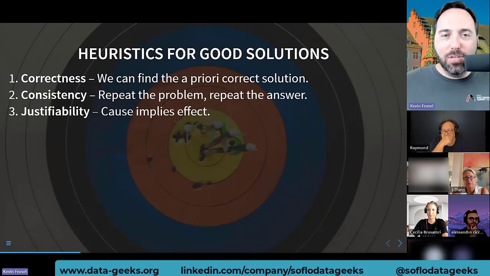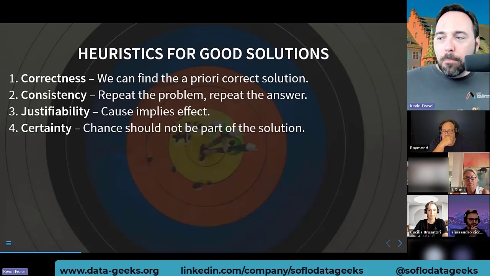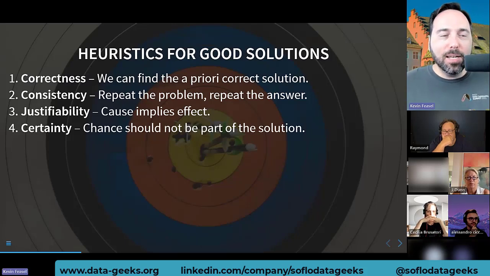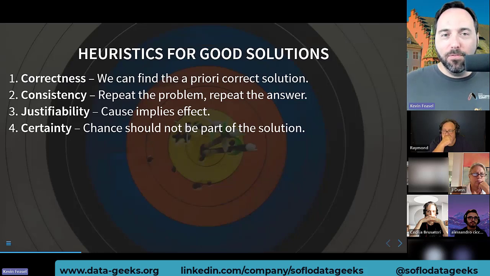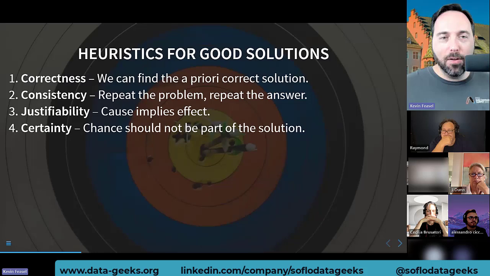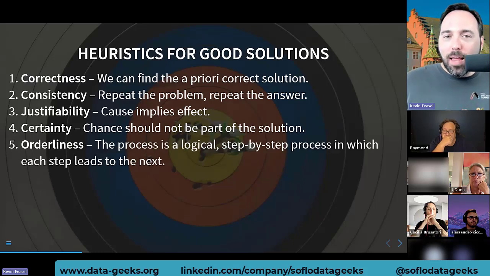We can at least have some understanding of it. And we don't want coming up with a solution to be based on random chance. I don't want to flip a coin and if it's heads, I'll get a solution. If it's tails, I'll fail to get a solution. We want something where every time I run this program, I get a solution that is correct, that is understandable.